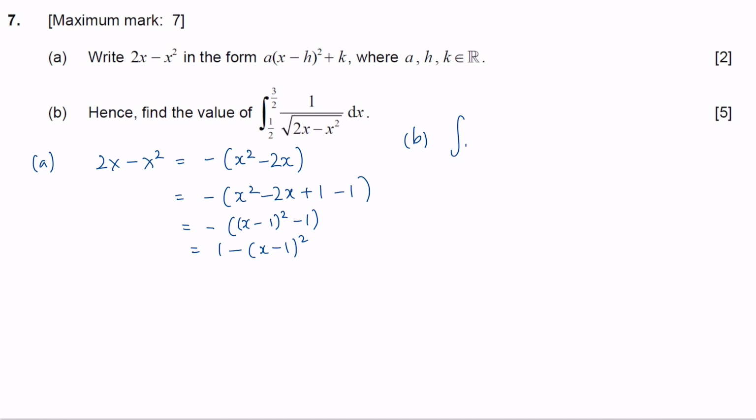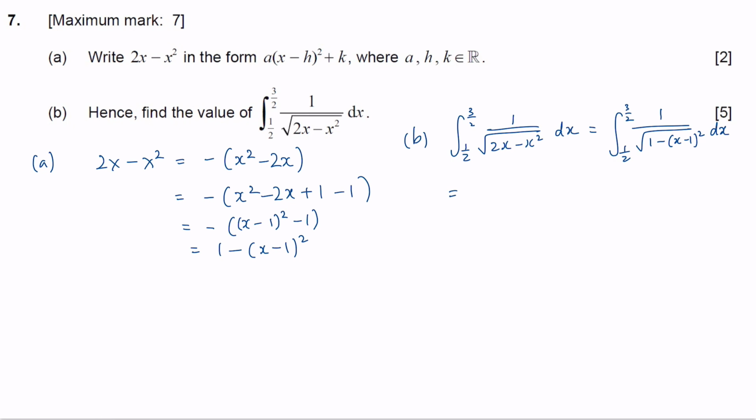Okay, part B now. Hence find the value of the integral from half to 3 over 2 of 1 over root of 2x minus x squared. So this is really equal to, as I've seen earlier, the integral from half to 3 over 2 of 1 over root of 1 minus x minus 1 squared. So the integral is actually an arc sine function.